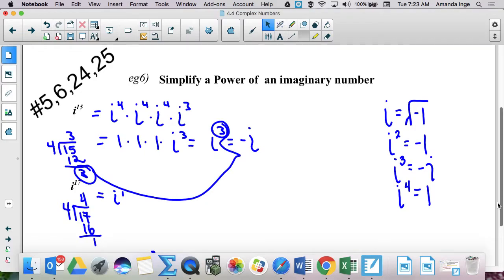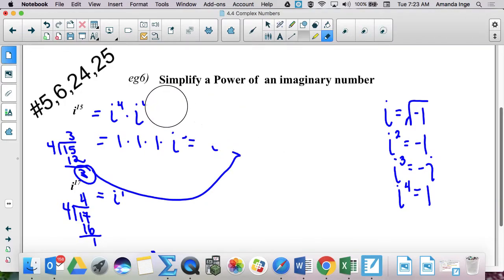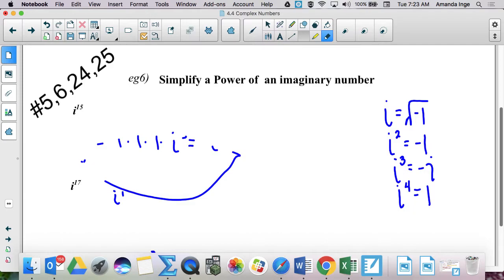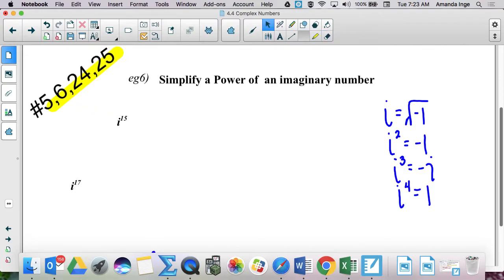Okay, so some of the homework exercises tonight, numbers 5, 6, 24, and 25 are worked like this. You're given an imaginary number, i to the 15th, and you're asked to simplify it.